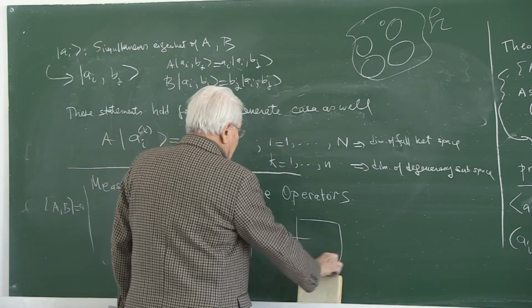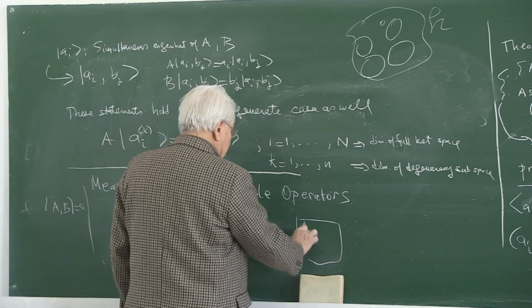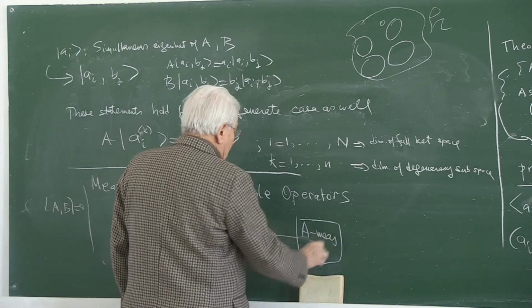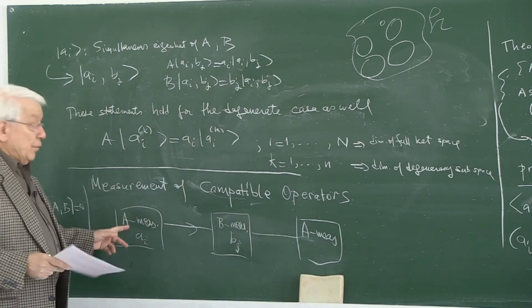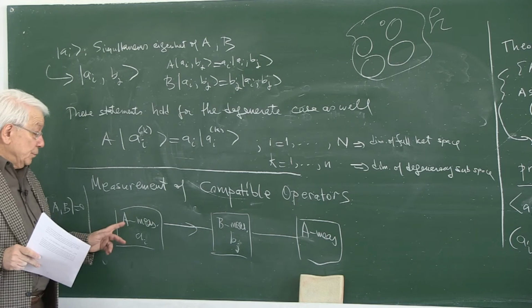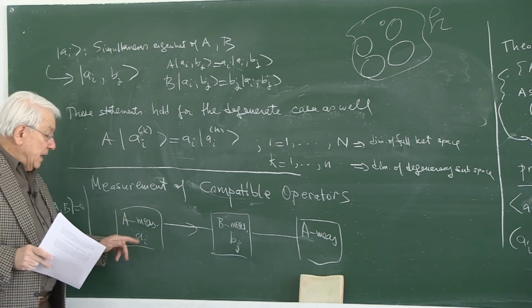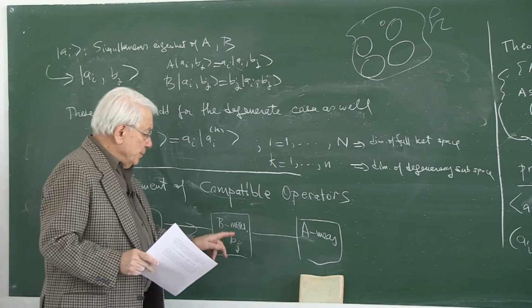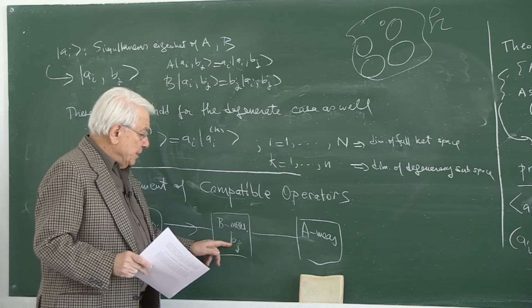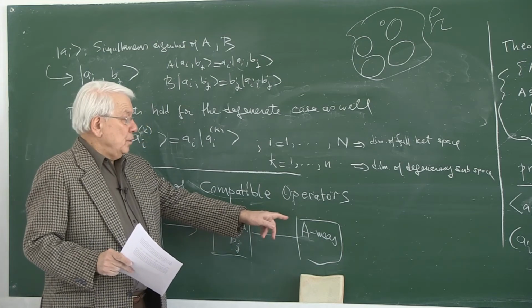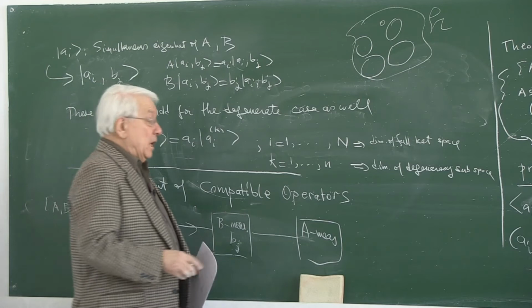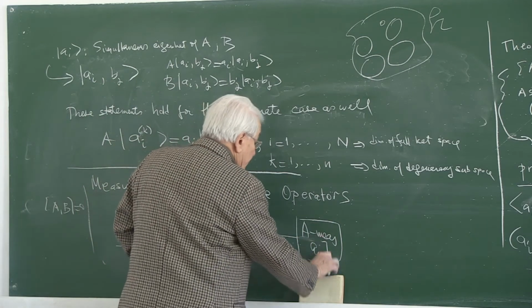Then, after this, you repeat the A measurement again. Question. In the first one, you carried out a measurement on A, you found little a_i, and then you measured B, found little b_j. Then you measure A, and you get a_i for sure.